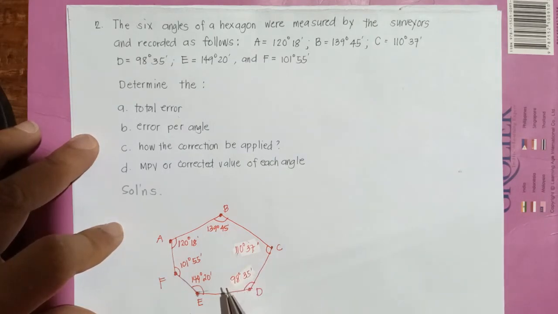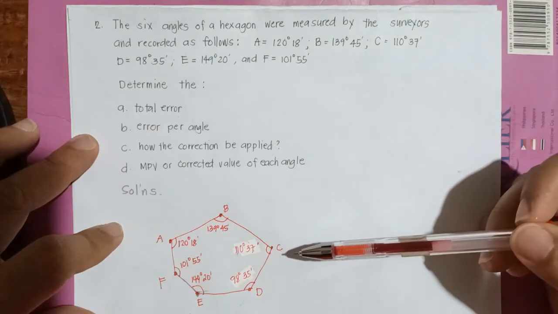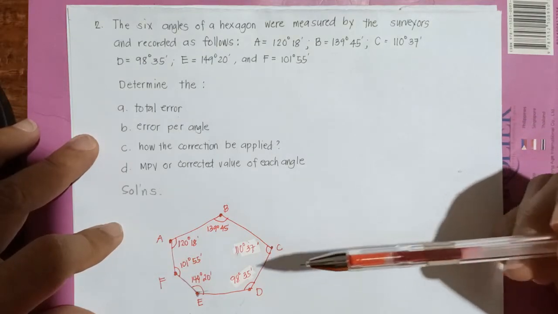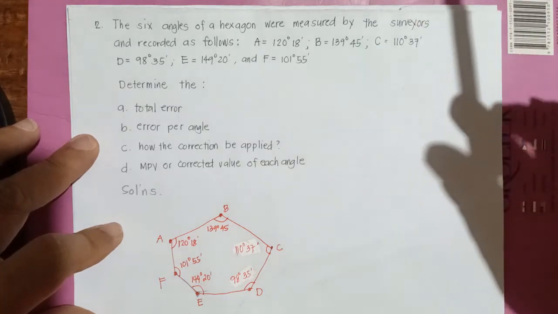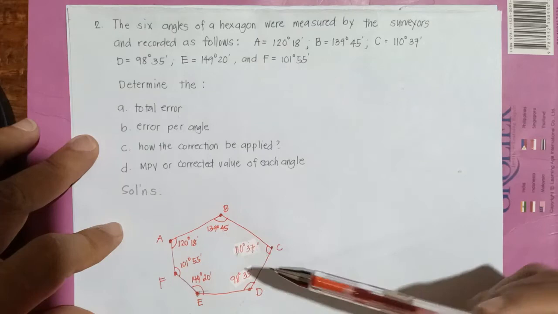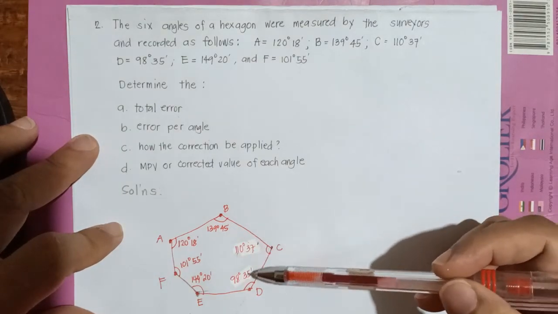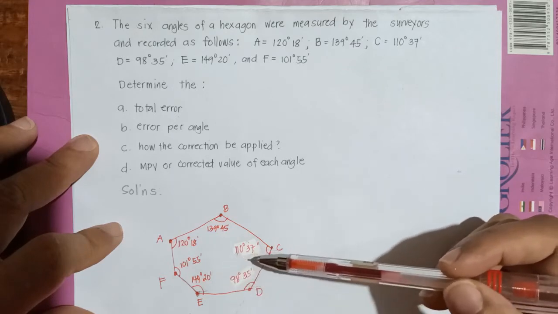If we recall, how are we going to determine the most probable value of this type of problem, wherein it's a conditioned type of measurement? Why is it conditioned? Because the value of one quantity is dependent on the values of the other quantities.